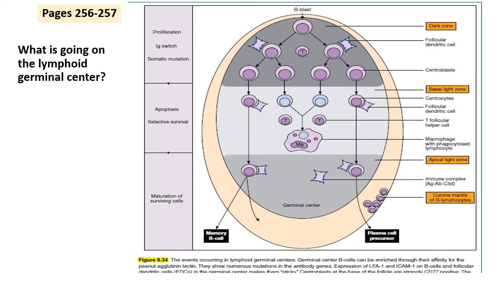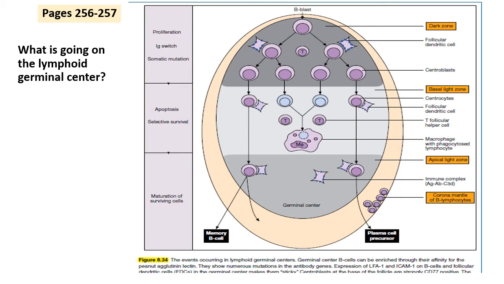Now, you can see the details in the figure that there are two anatomically distinct regions: the dark zone in the upper side of the figure, and then the light zone.